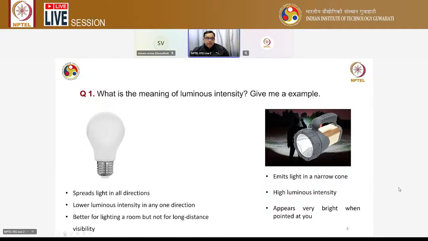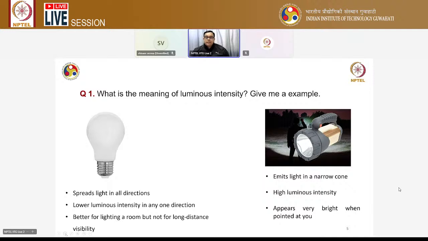If you see this bulb, it is spreading light in all directions, and if you try to calculate the luminous intensity in any particular direction, you will find it lower. Of course, this is better for lighting a room, but if you want long distance visibility, it may not be that significant. But if you see a torch, the emission of light is in a narrow direction, and it has high luminous intensity, and it appears very bright when pointed at you.